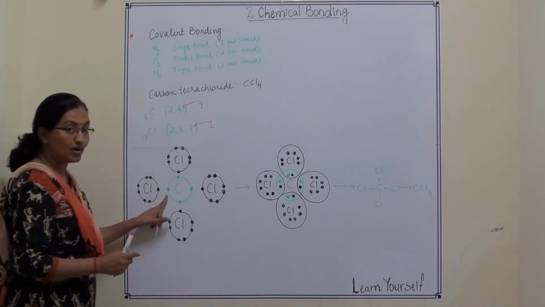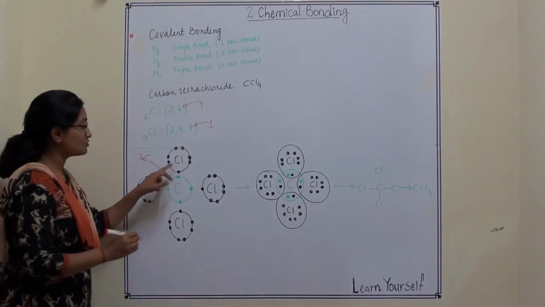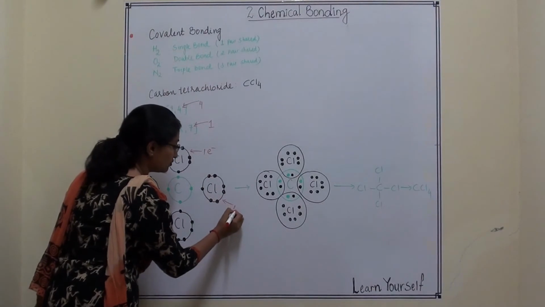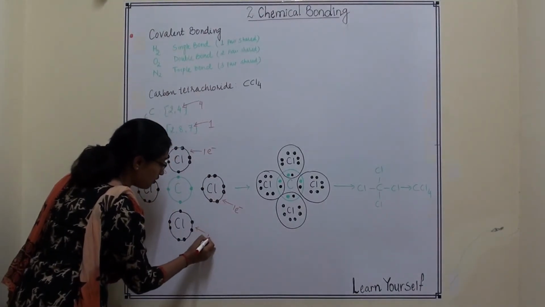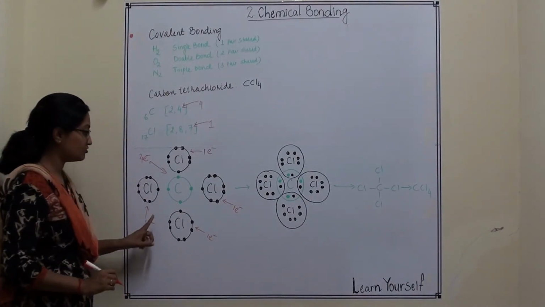Now carbon requires 4 more electrons, whereas all the chlorines require 1 electron each to complete their octet.